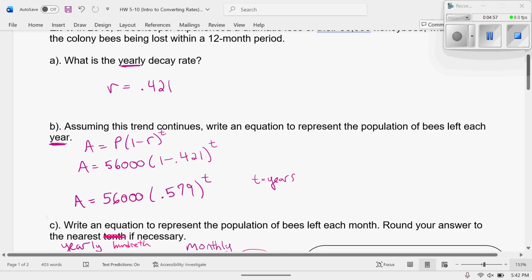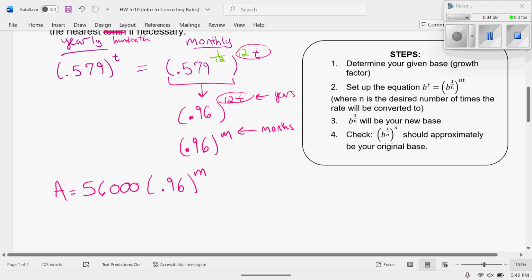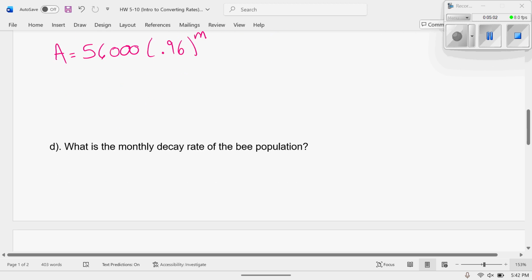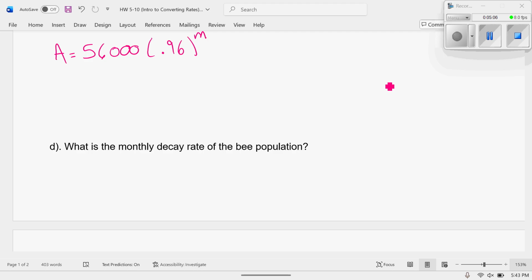But now the question is, what's the monthly decay rate of the bee population? We were losing 42.1% of bees per year, how much are we losing per month? So let's take a look at it. 0.96 is our base. This is a decay function.